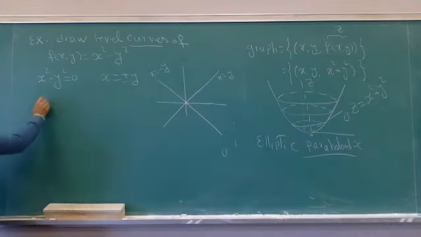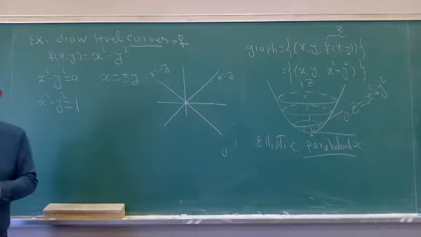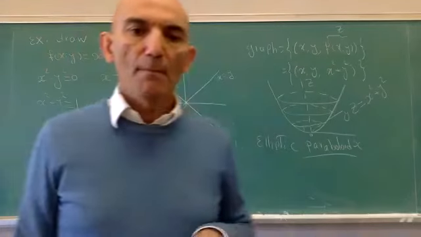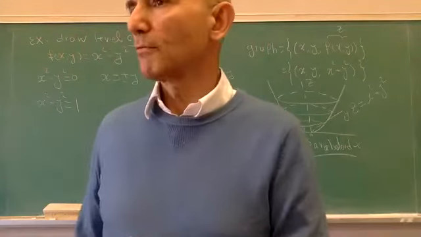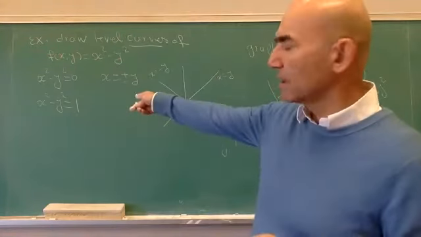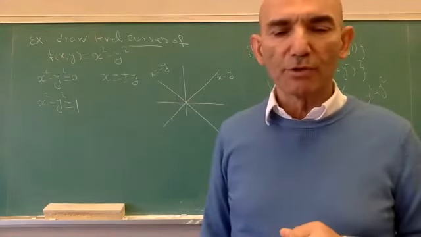Okay, now x² minus y² equal to 1. So what is that curve? Remember from maybe linear algebra or from geometry. Can anyone name that curve, or can you draw the picture of that curve x² minus y² equal to 1?